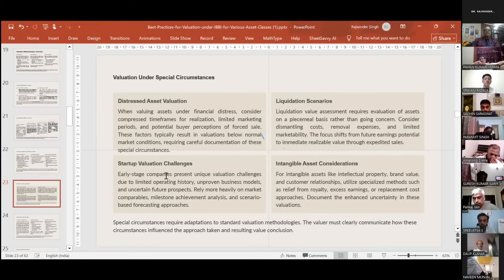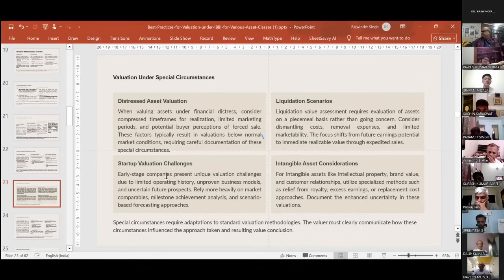These factors typically result in valuation below normal market conditions, requiring careful documentation of these special circumstances.